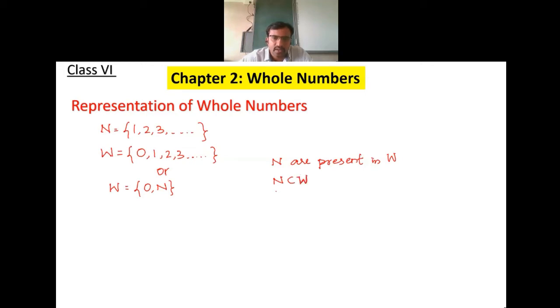It means that natural numbers are contained in whole numbers. If you want to read it in this direction, it is whole numbers contains natural numbers. If you read in this direction, natural numbers are contained in whole numbers. That is the reason why the set of whole numbers is a larger set compared to the set of natural numbers.